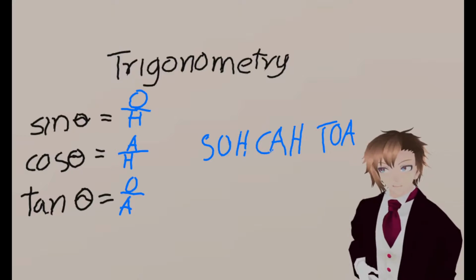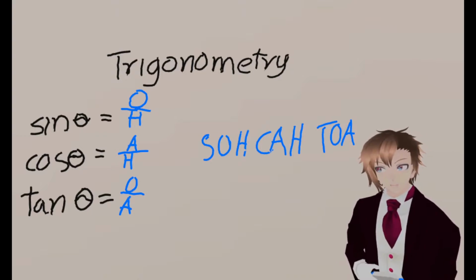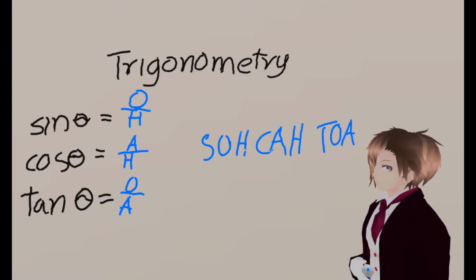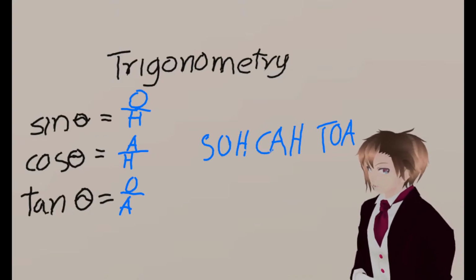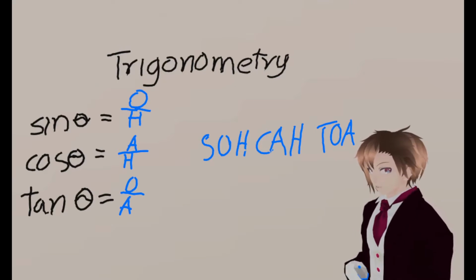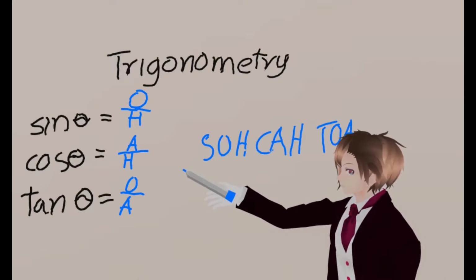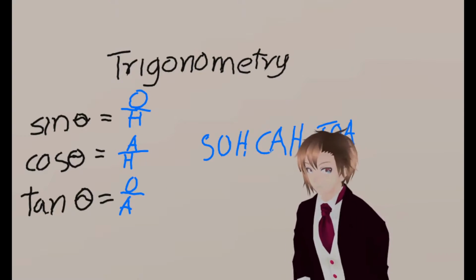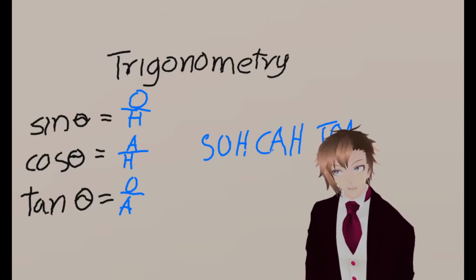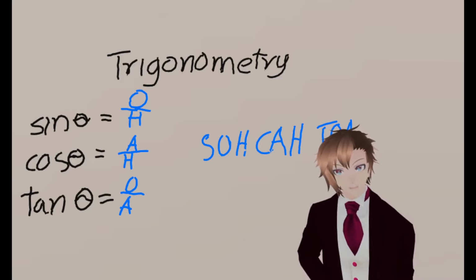You might be given the opposite and the hypotenuse, and then you'll have to know we have to use sine to find out the angle. Or you might be given the angle and the adjacent, and you need to find the hypotenuse. The hypotenuse and the adjacent are in cos, so we would end up using cos. Let's look at a few examples of what I mean by this.